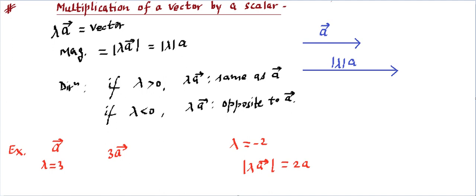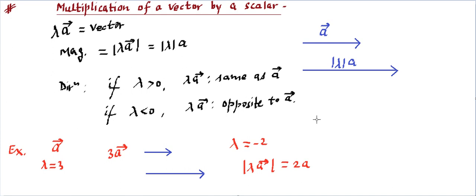Let's say this was vector a for the first case, then this 3a will be something like this. That means the length will grow by 3 times and the direction will remain the same.